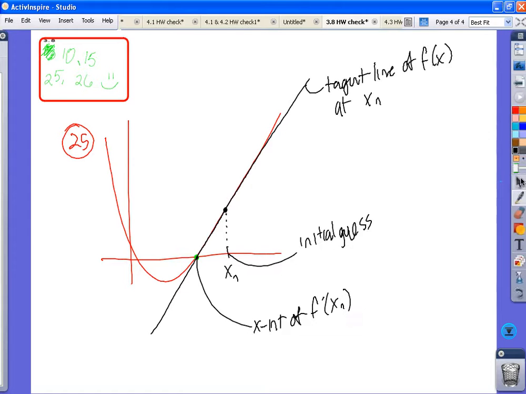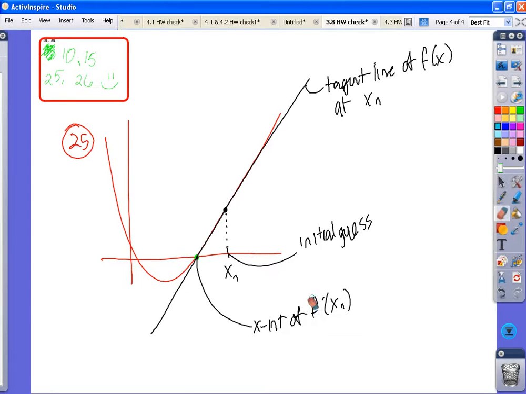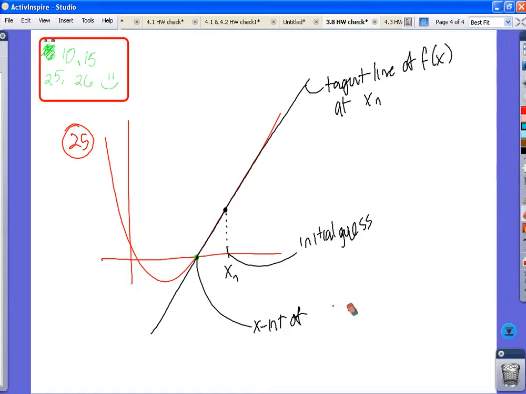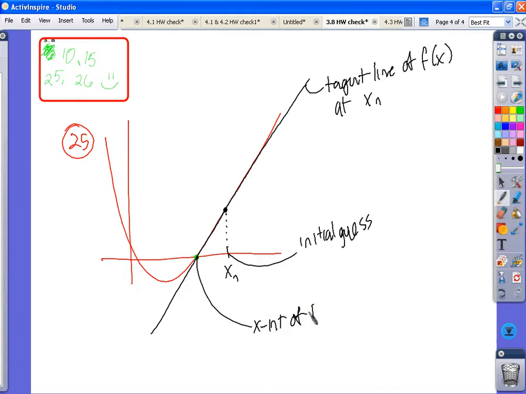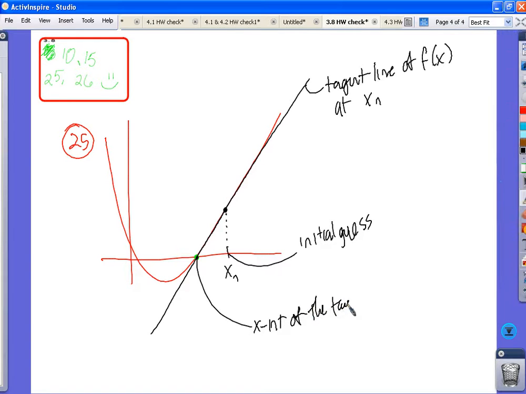I shouldn't say it that way. I should say of that tangent line at x equals x sub n. And then we do the process over again. Iterations.